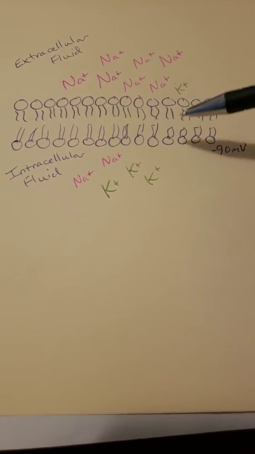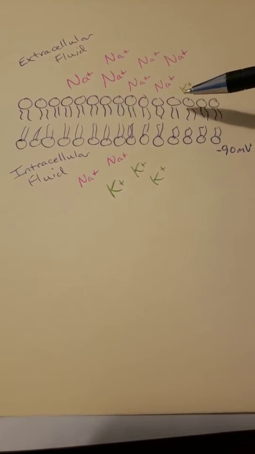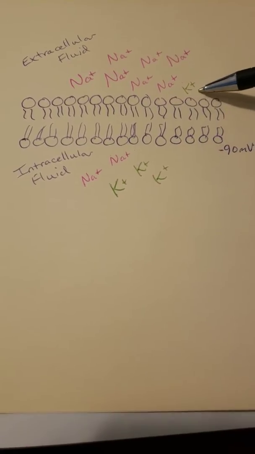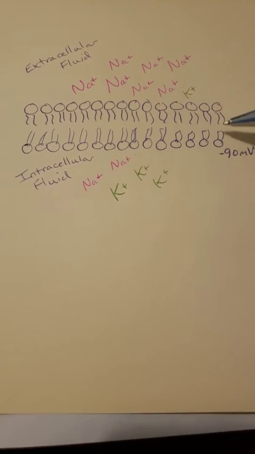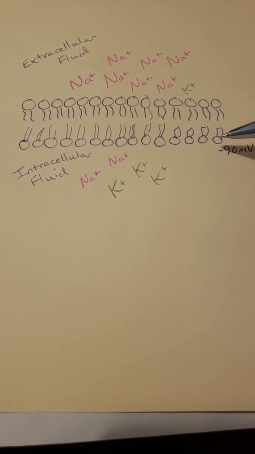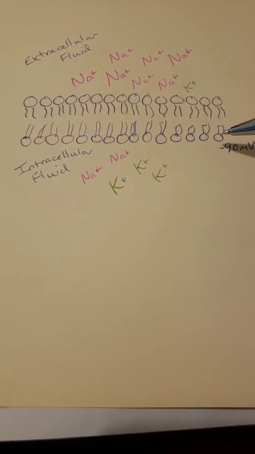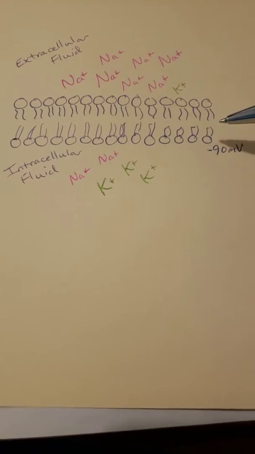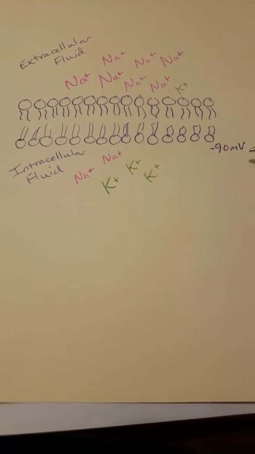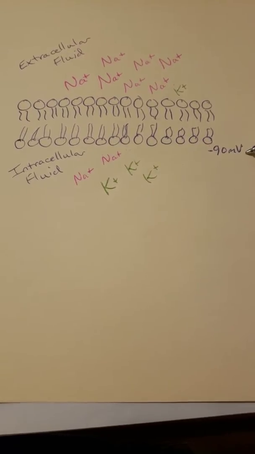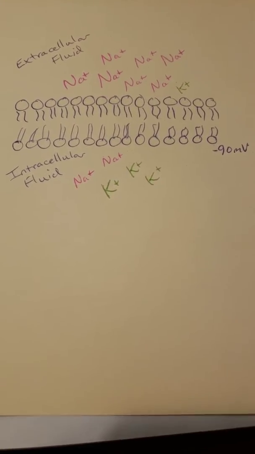Because of the electrical differences and the number of charges outside the cell compared to inside the cell, the membrane develops a charge which can be measured in millivolts. The charge on the sarcolemma of skeletal muscle fibers measures at -90 millivolts.